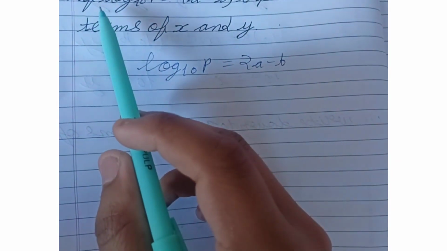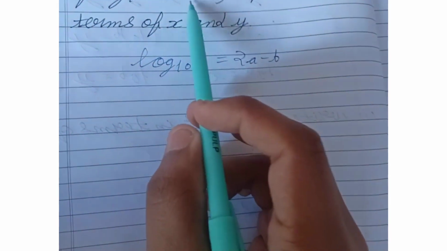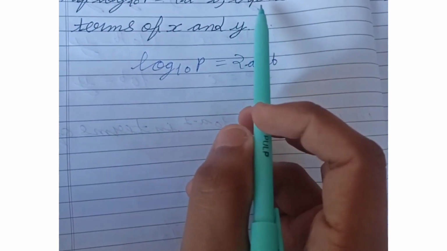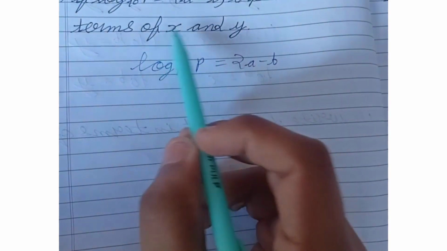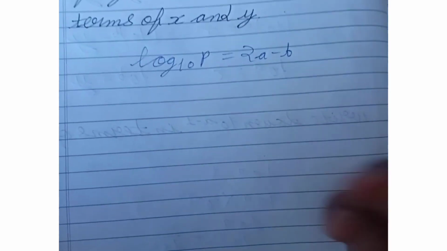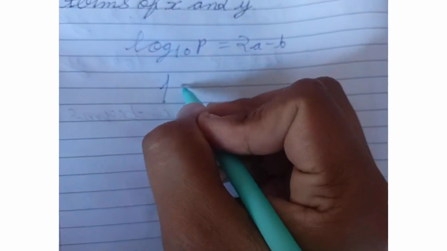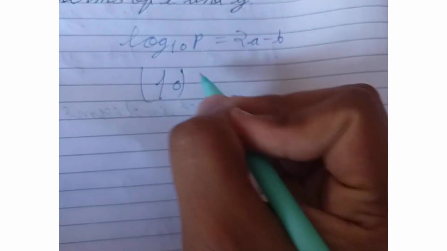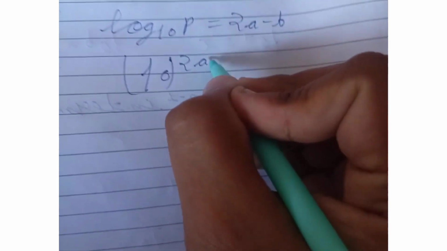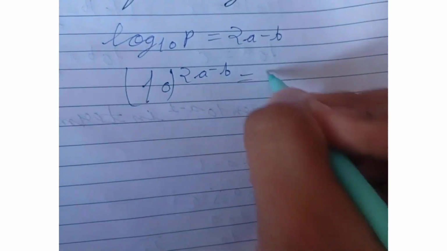The question is like this, if log tan p is equal to 2a minus b, express p in terms of x and y, means we have to find this value of p in x and y. Now first we have to convert into exponential form. Here we write tan. Now the power of tan is 2a minus b is equal to p.